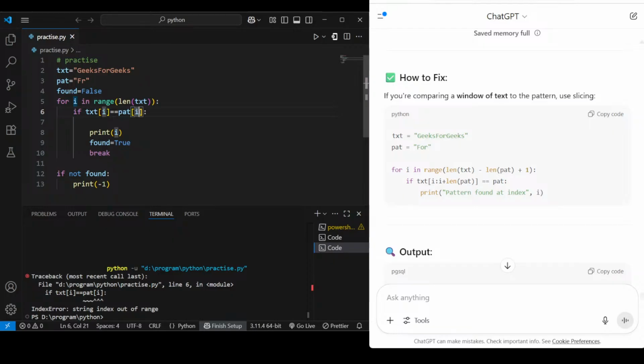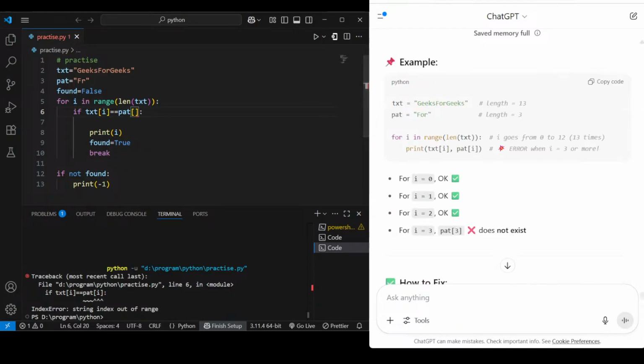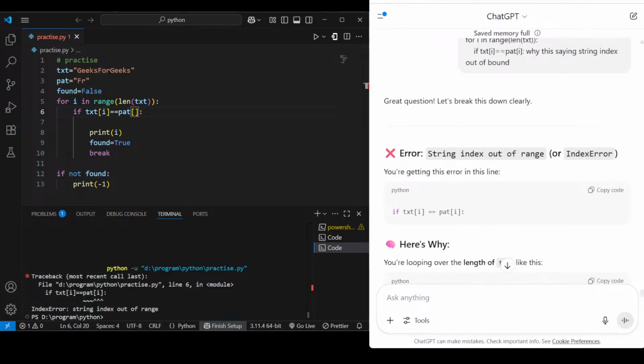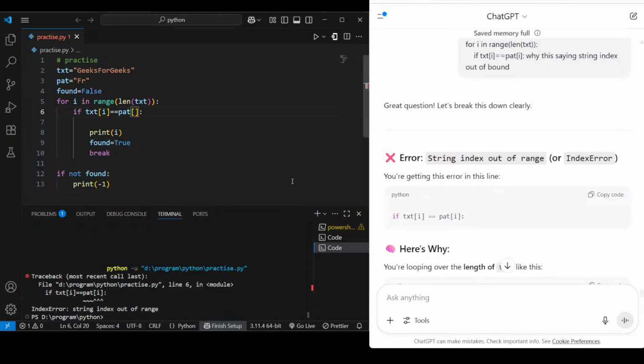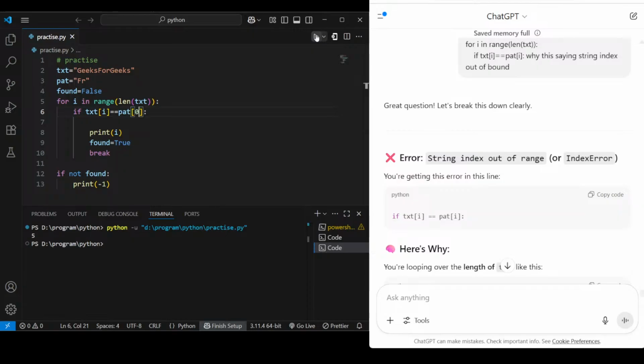Got it. It was increasing the index. So I need to use 0 because here the i will increase, but it won't.